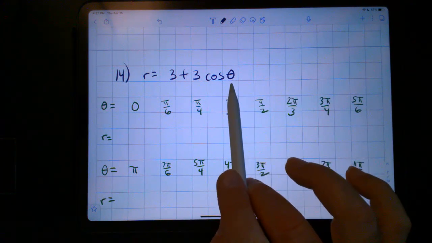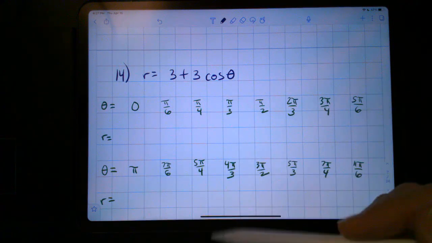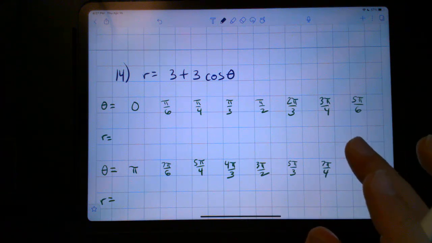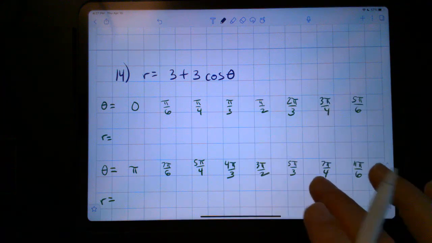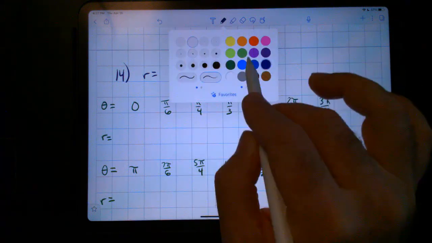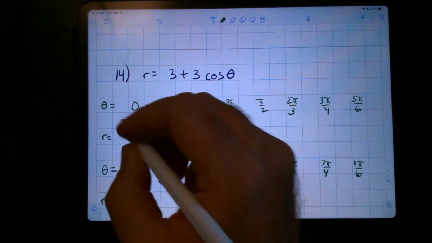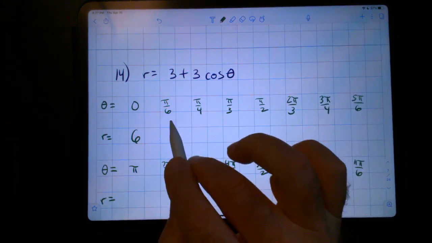You replace theta with negative theta, you get the same because cosine is an even function. So this will be symmetric about the horizontal axis. So when theta is 0, we have 3 plus 3, we have just 6.